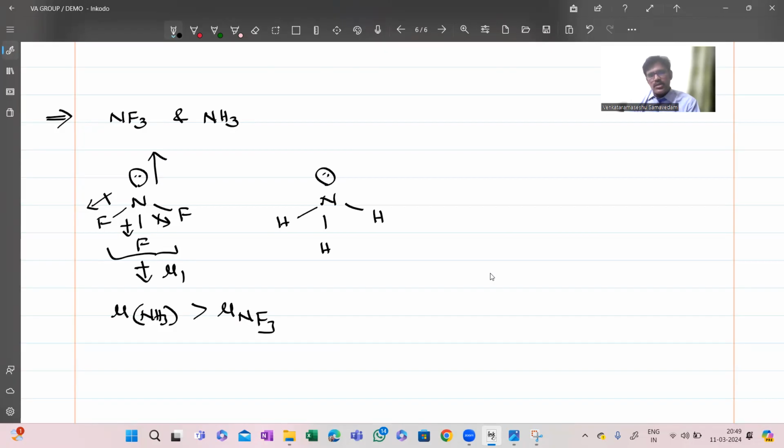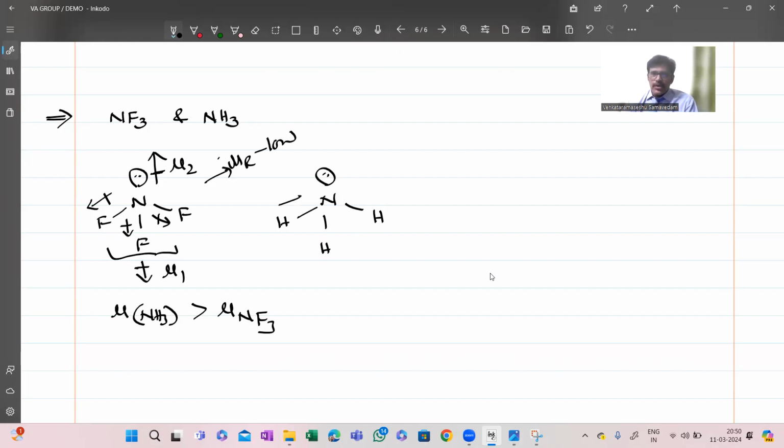The bond moment caused by the lone pair, I will take it as mu2. Therefore, here, the sum of the bond moments caused by the nitrogen and fluorine bond is neutralized by the bond moment caused by the lone pair. Therefore, the resultant dipole moment is low.